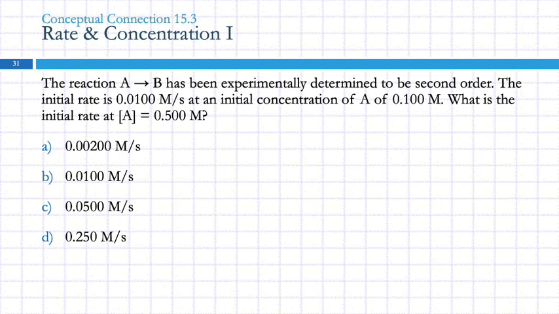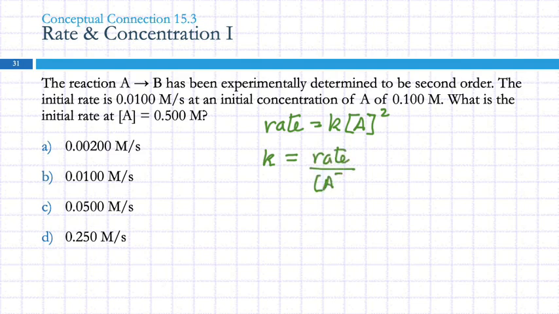So one way we could solve this is to figure out what's the rate constant. They told us that it's a second order reaction. So the rate constant must be equal to the rate divided by the concentration squared. Here, I'm just rearranging this equation before I put the numbers in. 0.0100 molarity per second over 0.100 molarity squared.